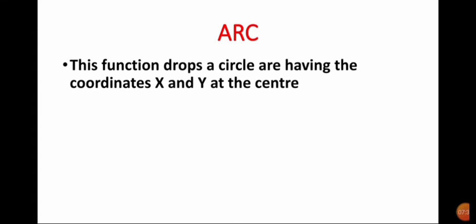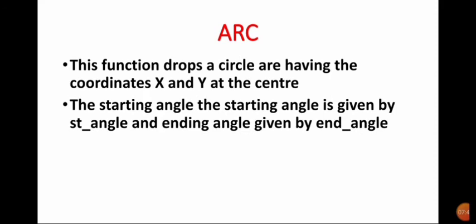Now let us move towards the next point, that is what? Arc. This is again a new geometrical function. This function draws a circle having the coordinates x and y at the center, similar to the circle. The starting angle is given by ST angle and the ending angle is given by end angle.